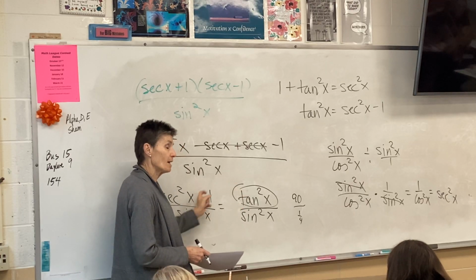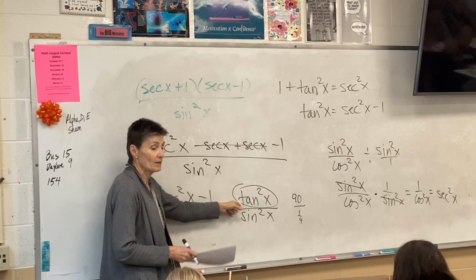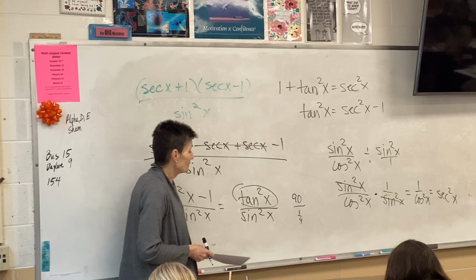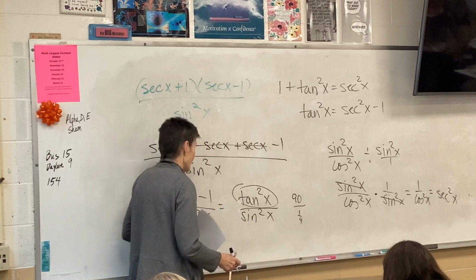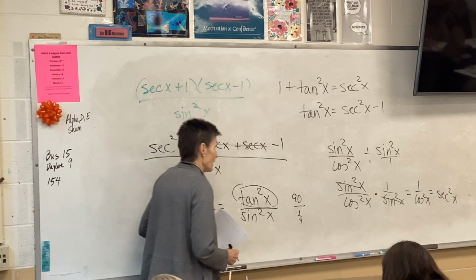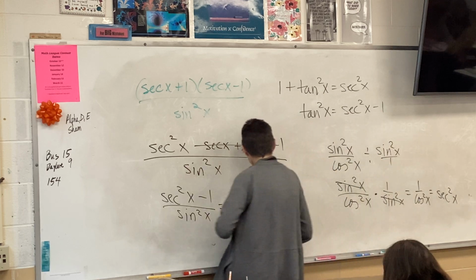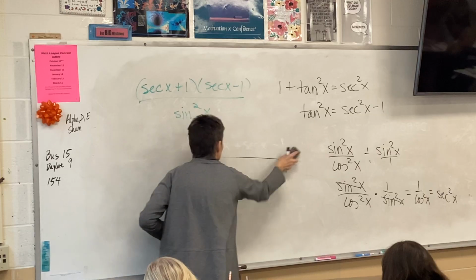You have to recognize that secant squared minus 1 is tangent squared, and you're going to have your sheet, but you still have to recognize that. Then we change tangent into sine over cosine and cancel. Yeah, these are a handful. I promise you'll get better, but you'll only get better if you pay attention and practice.